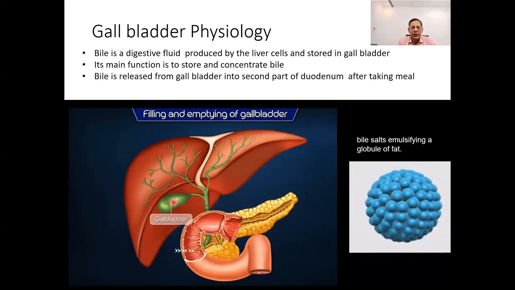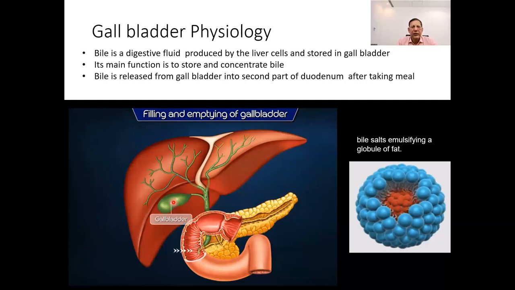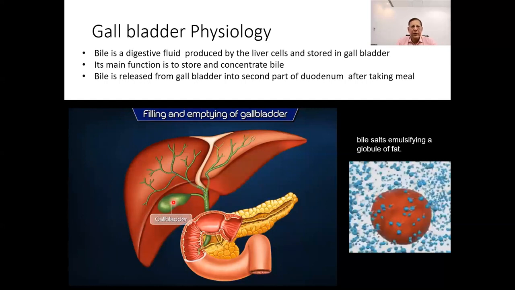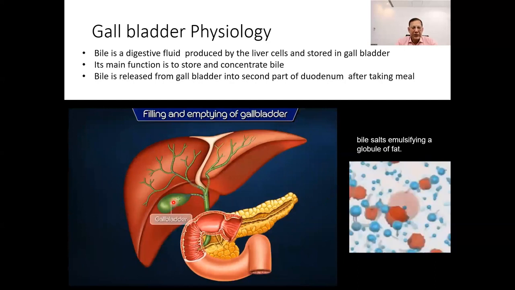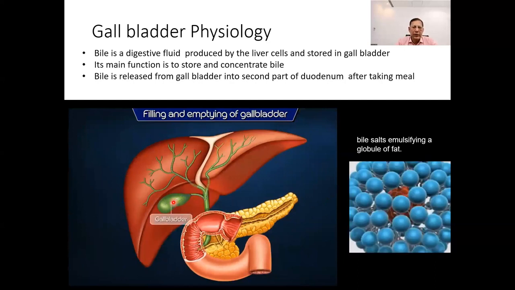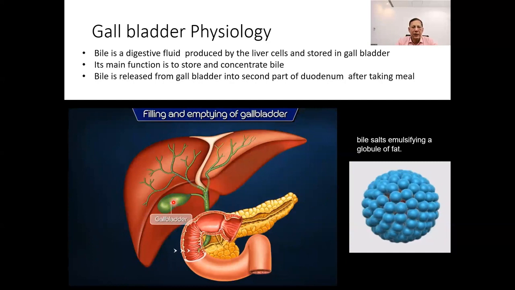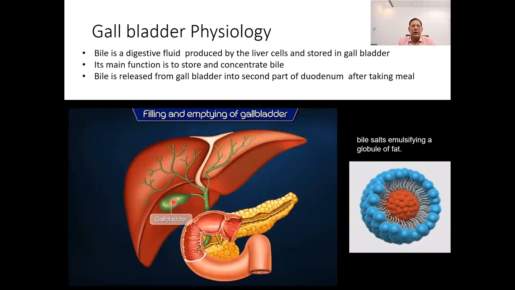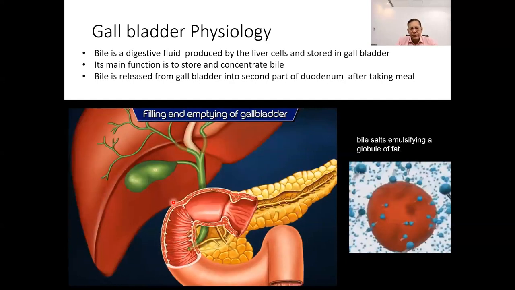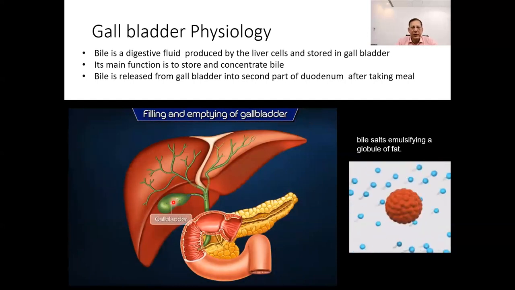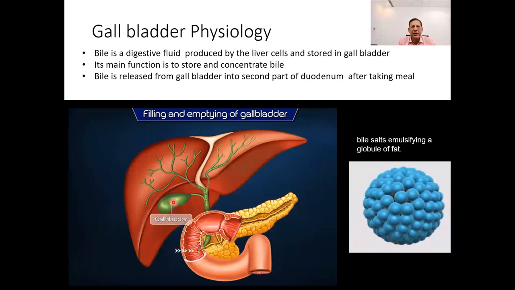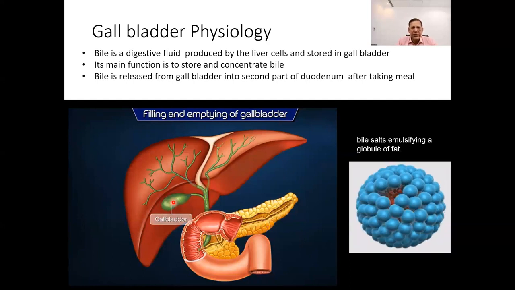So, in the presence of fatty acids and amino acids in the small intestine, the signals go to the brain to release the hormone called cholecystokinin, so that the bile which has been accumulated there, let's say for 8 to 10 hours, is finally released to help in digestion of the food.